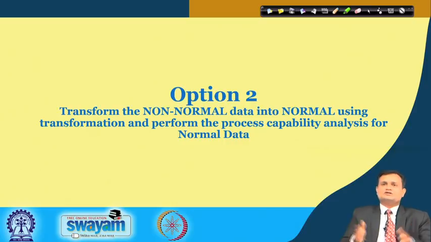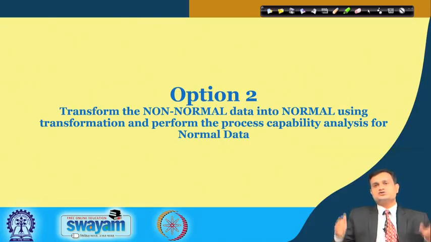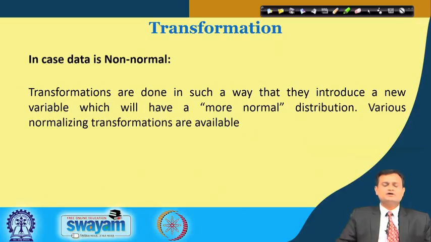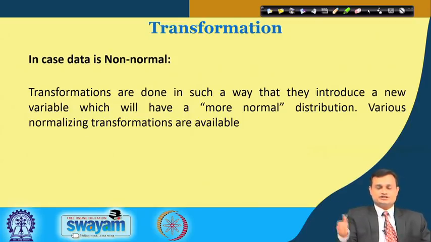Now, when I cannot do the regular capability analysis which is meant for normal data, and if my data is non-normal, I have to transform the data. This is option 2. You have the non-normal data and try to make it more normal by transforming it through some mathematical function.